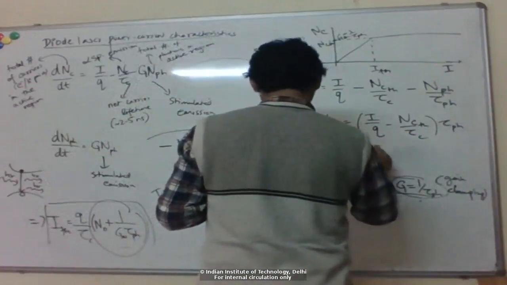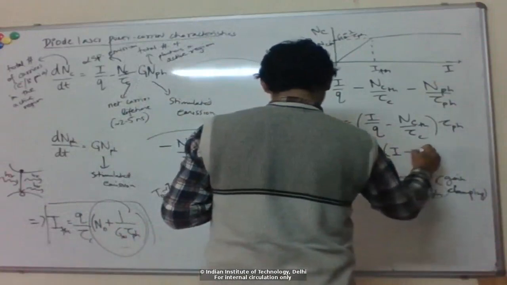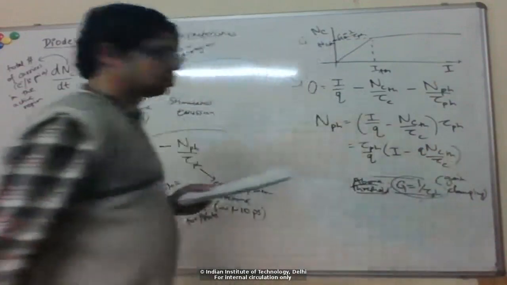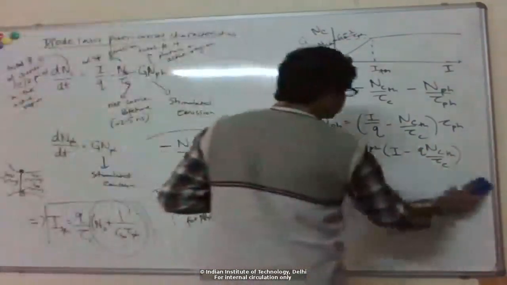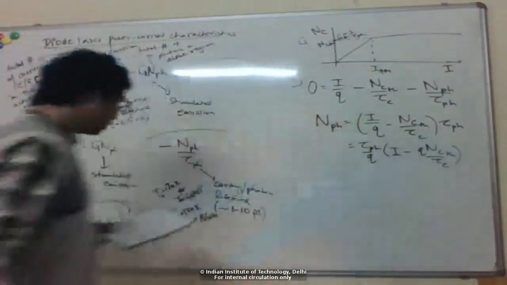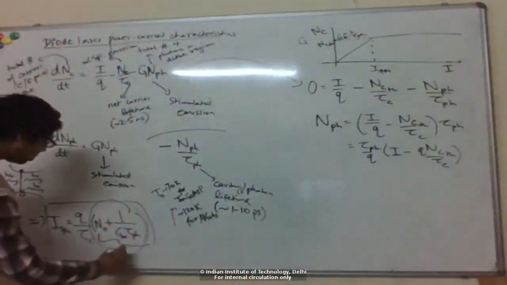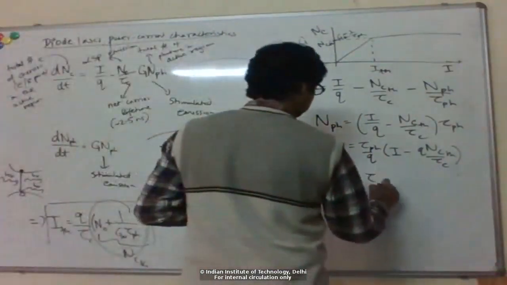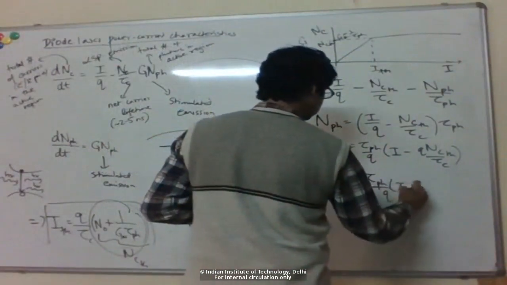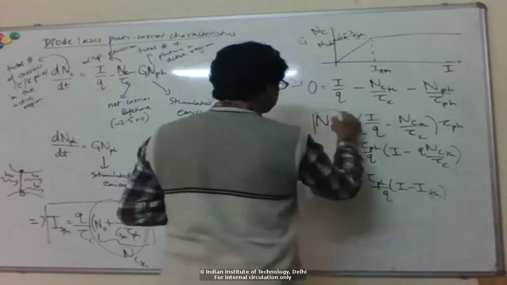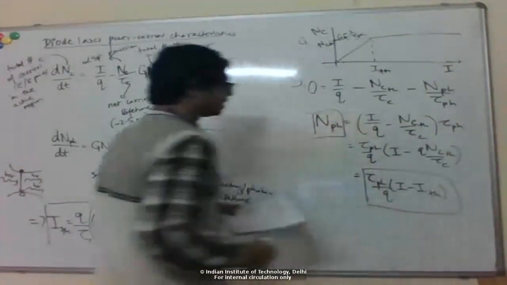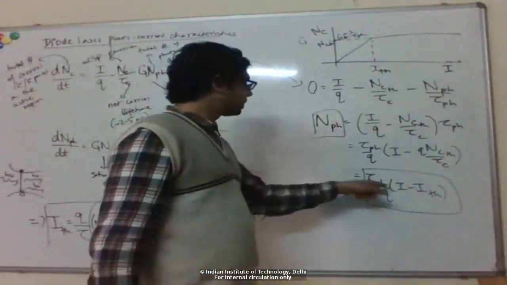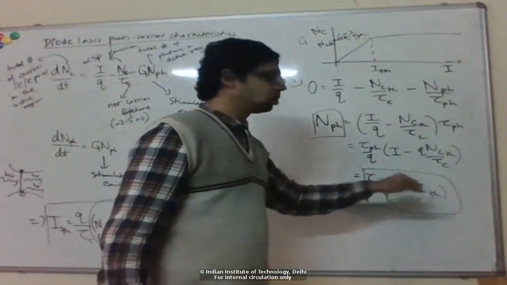So we can write this as Q NC threshold by tau C. This is NC threshold, so Q NC is this I threshold. Above threshold, you can see that the photon number in the active region scales linearly with the current.